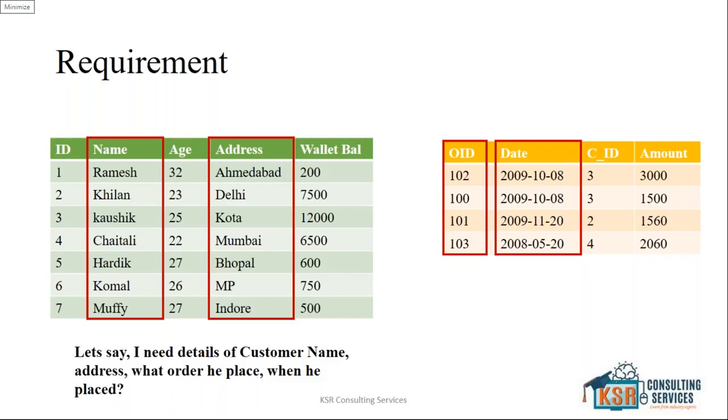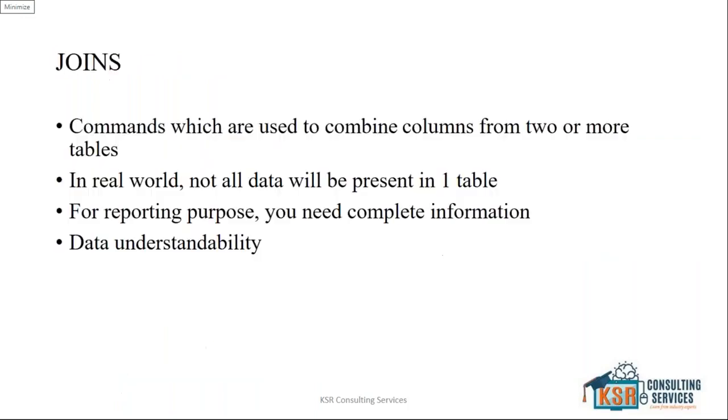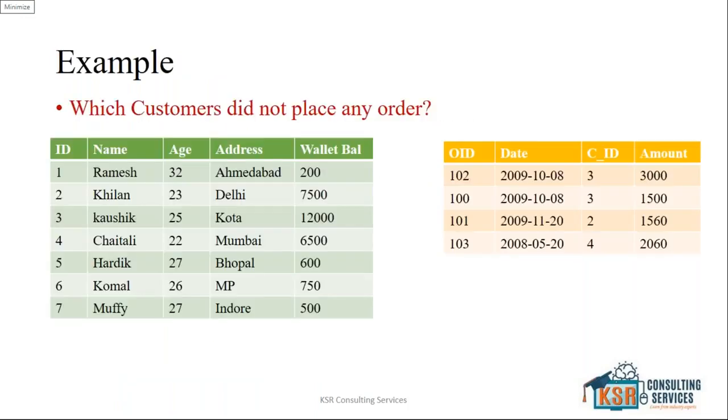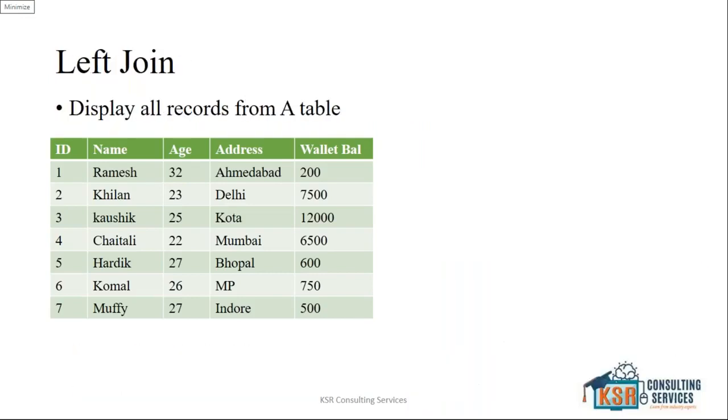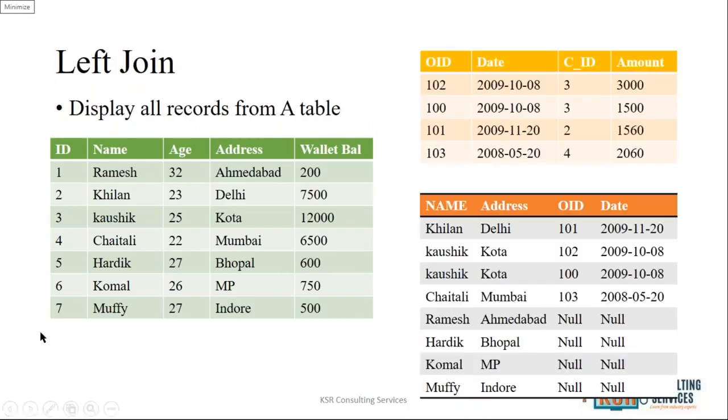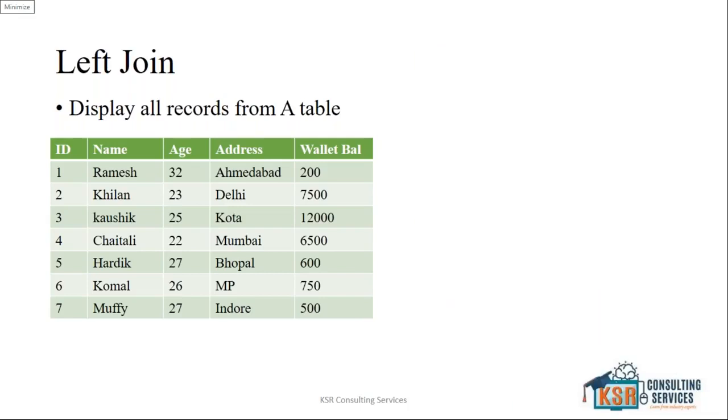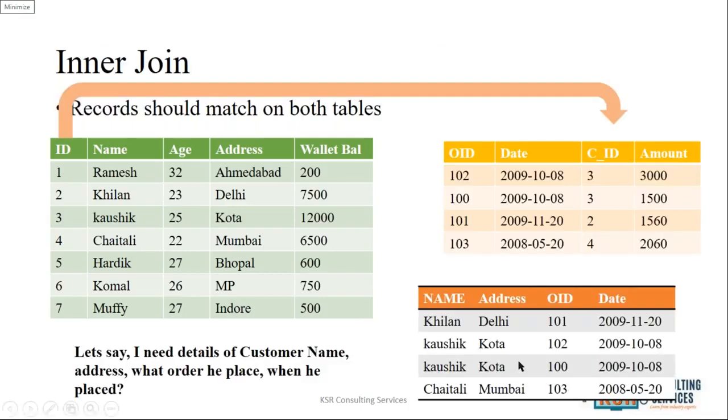My first requirement is satisfied. My second requirement is I need which customers did not place any order. That also I was able to answer. How? After doing a join, whoever customers were null, I can clearly tell those are the customers who did not purchase anything. So using inner join, maybe I could have achieved the required columns.